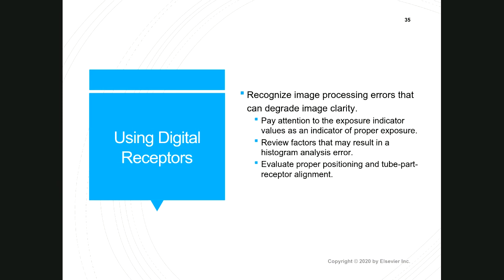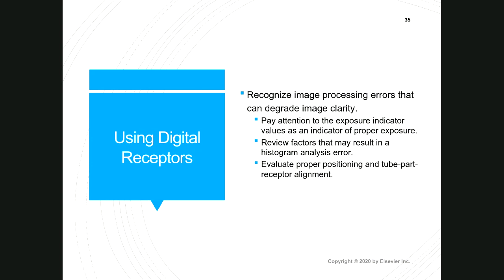And you always want to evaluate proper positioning in your tube, part, and receptor alignment. Meaning you have to kind of double check before you make the exposure, because there are image processing errors that can take away from the image quality, and some of those you can control, some of those you really can't.